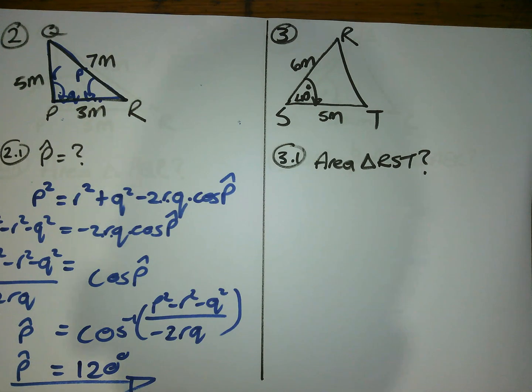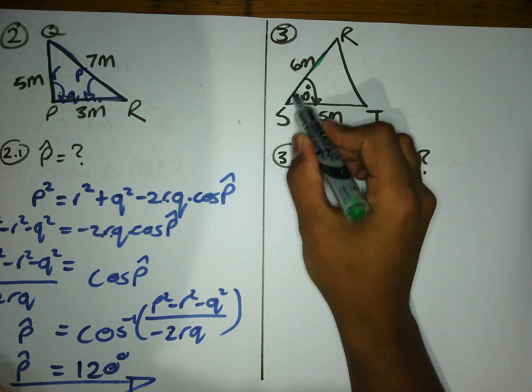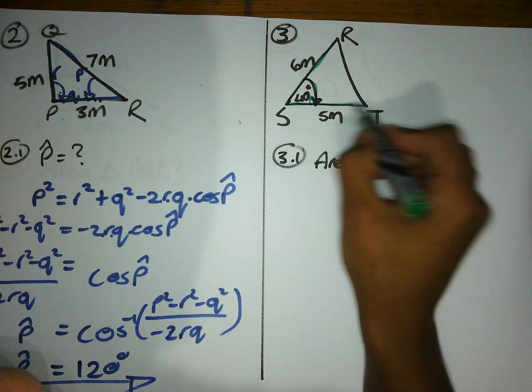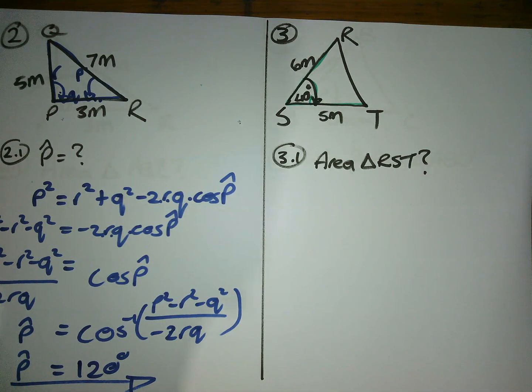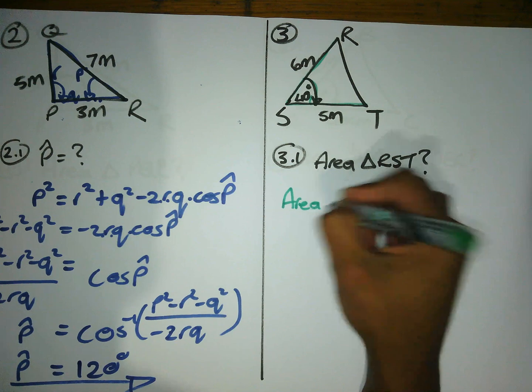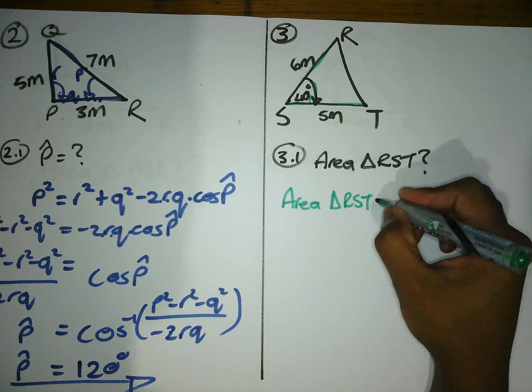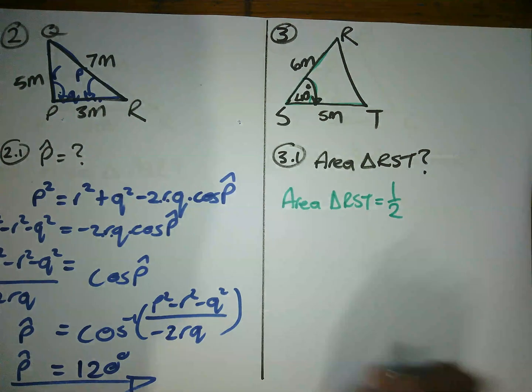So again, I need a side, an angle, and a side. That is all I need for the area of a triangle. So for the area of triangle RST, the formula is going to look like this.